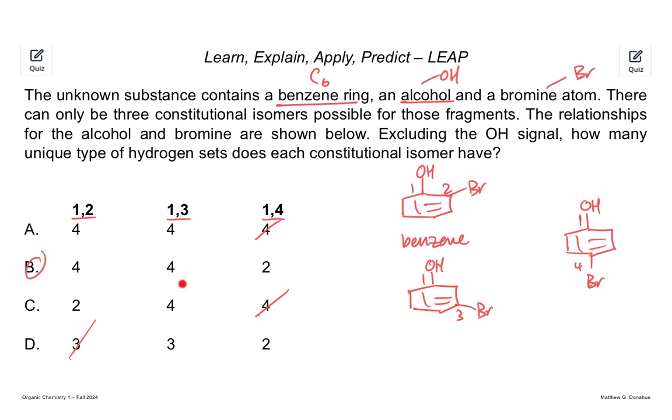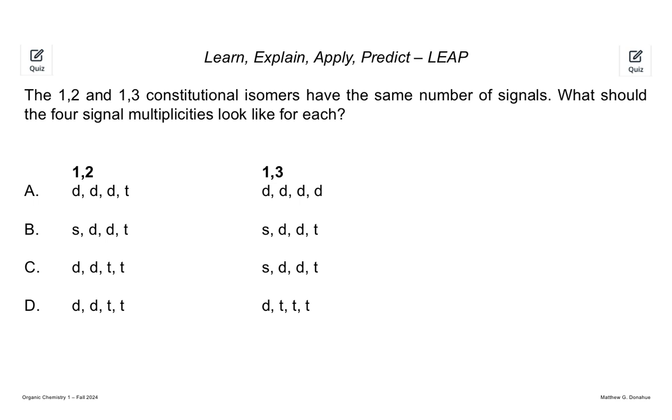What else can we use to differentiate them? And that's going to be the multiplicity of those sets. That's how they'll differ. Pattern. So let's draw them out and do the neighbor group analysis.